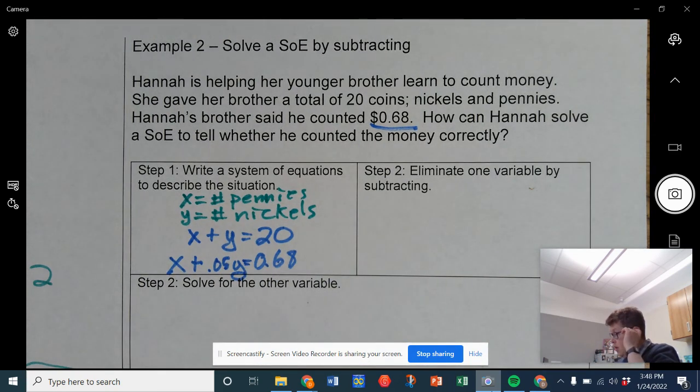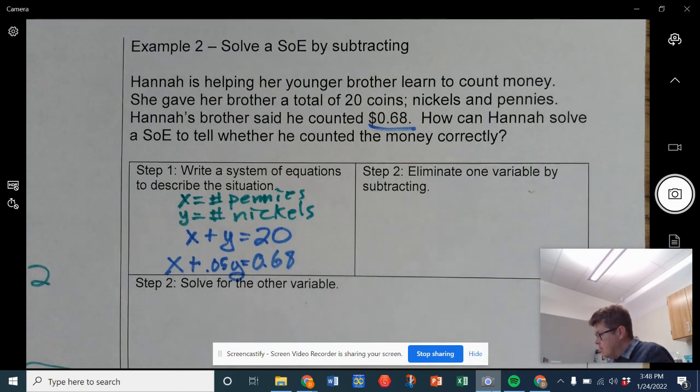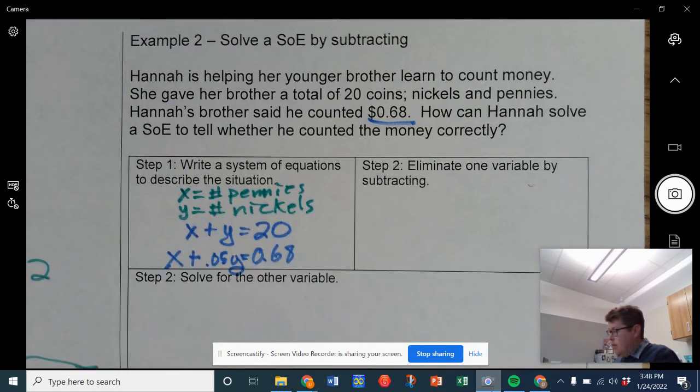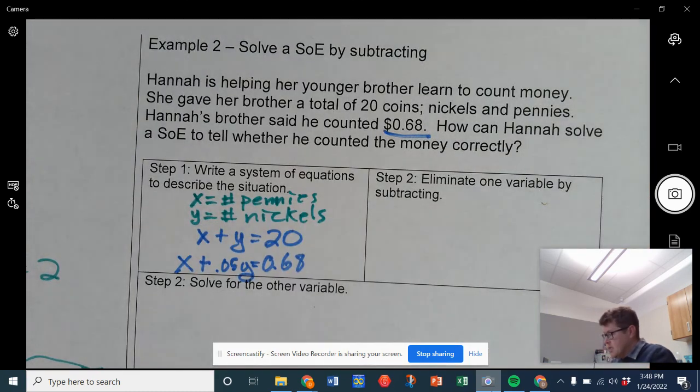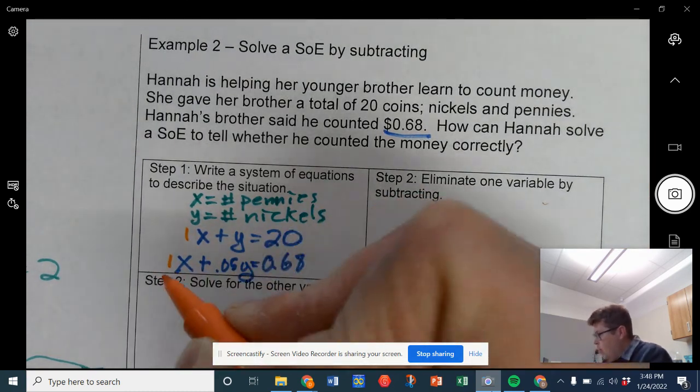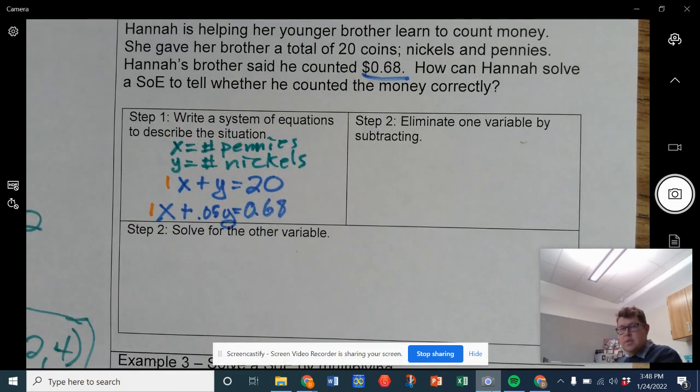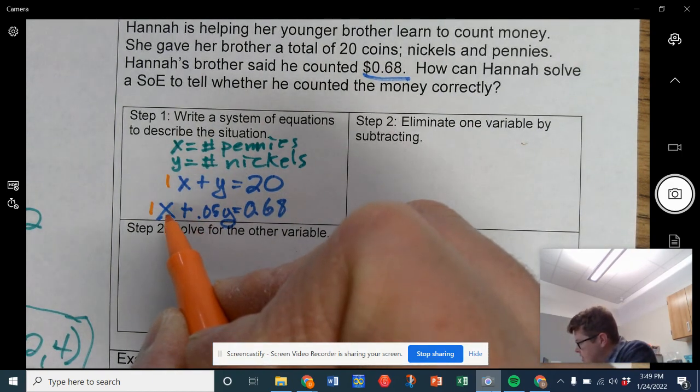All right, so now we're going to eliminate one variable by subtraction, okay? Now, how you know you're going to subtract is you're looking for that same coefficient again. It's the x's because there's each a 1 in front of those x's, so that's what you're going to eliminate. You look for that matching coefficient.